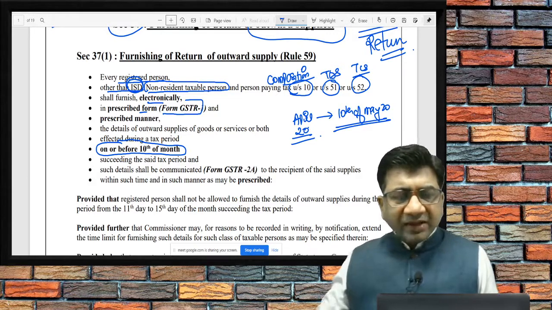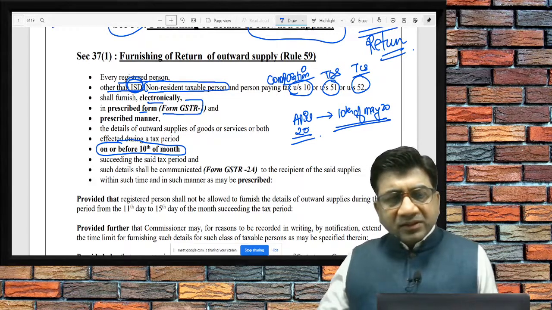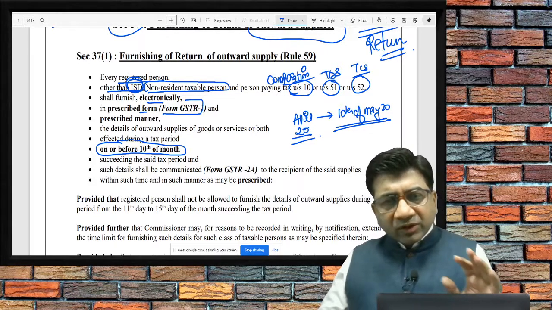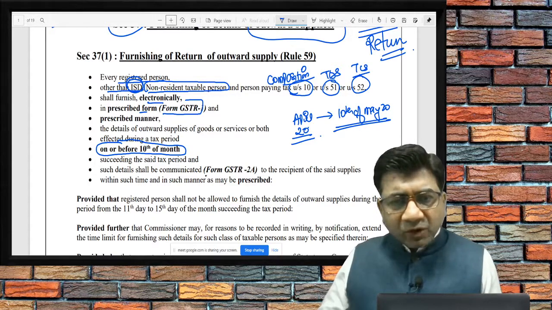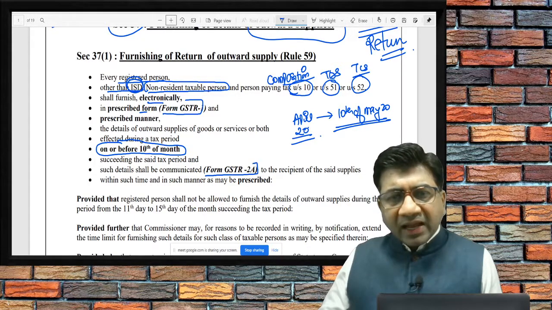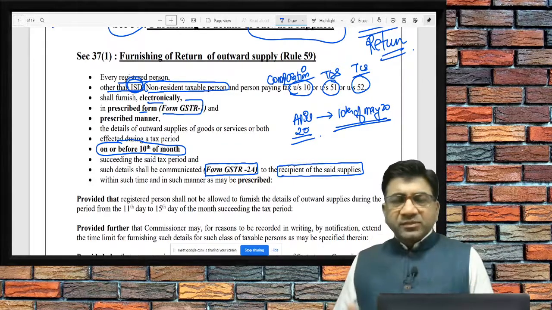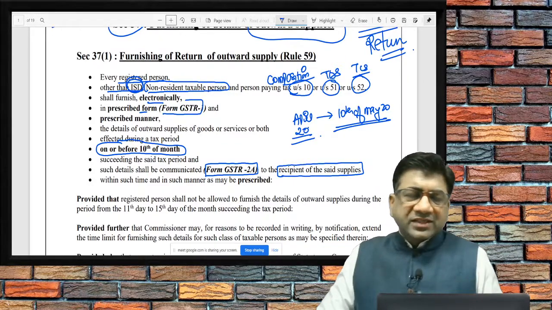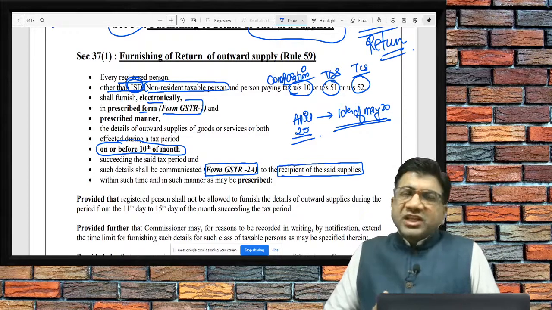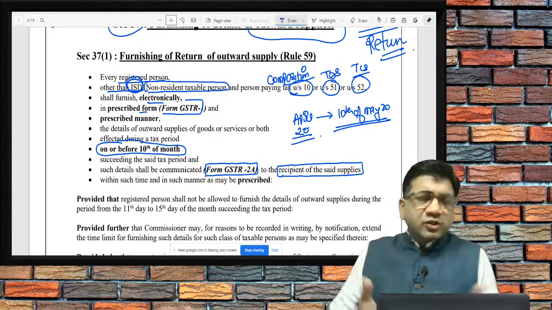And once you file, the returns are auto-populated in form GSTR2A, and it is sent to the recipient. Because the recipient wants to claim ITC, he might have claimed the ITC on provisional basis. He will also come to know. For example, I sold goods to Rajendran and issued an invoice to him.